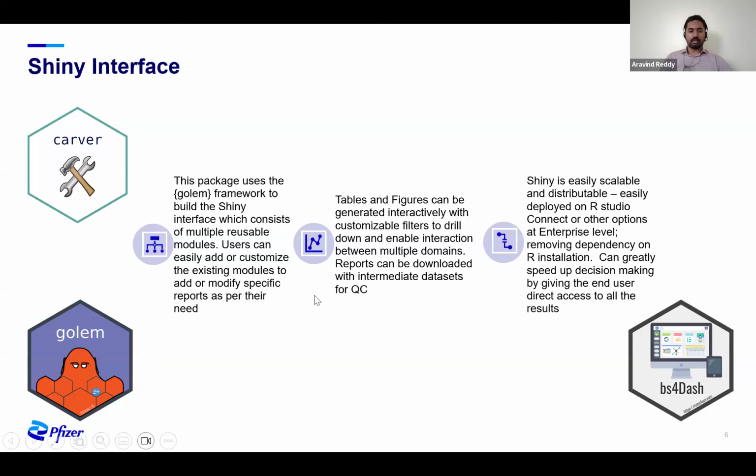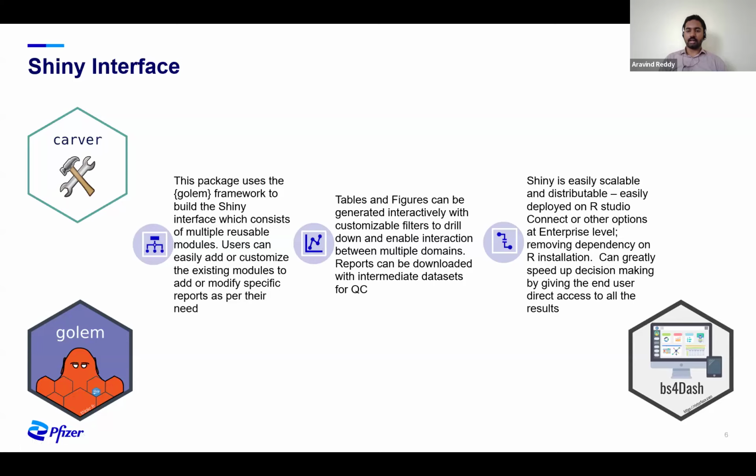So currently this application focuses on generating the tables and figures interactively, and has the option to drill down and enable interaction with multiple domains. The reports have intermediate data sets that can be downloaded and have a validation for QC. So this Shiny application is easily scalable and distributable, and it can be easily deployed in RStudio Connect.